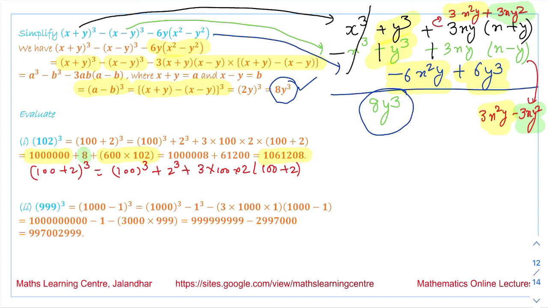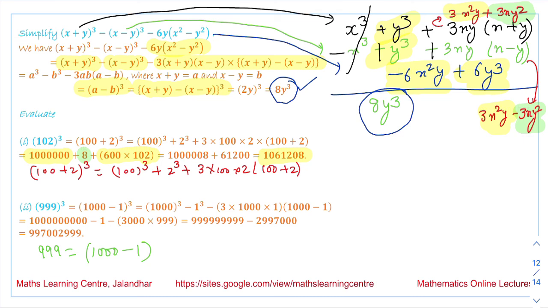And this last question is also a similar kind of question. It is 999 raised to the power 3. One thing you can do is multiply 999 with 999, and whatever answer you get, you have to multiply it again, so that is a bit lengthy process. In place of that, we write 999 as 1000 minus 1.